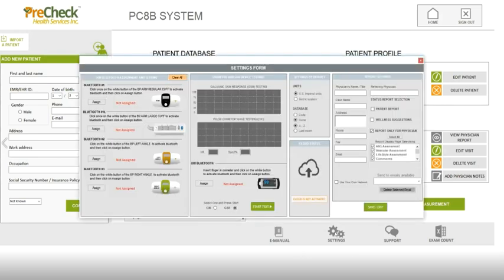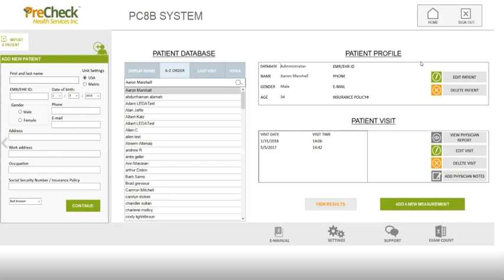Okay, that should just about do it. Now, of course, in settings, this is if you have a system, all of your blood pressure cuffs, all of your Bluetooth devices should be connected. But if they aren't, you would do it through settings, and you would walk through the section here on doing that.